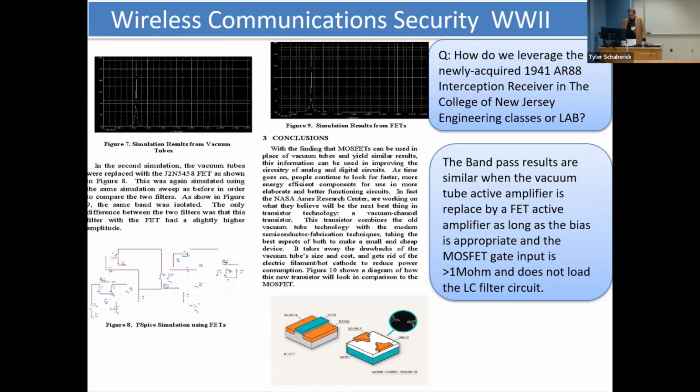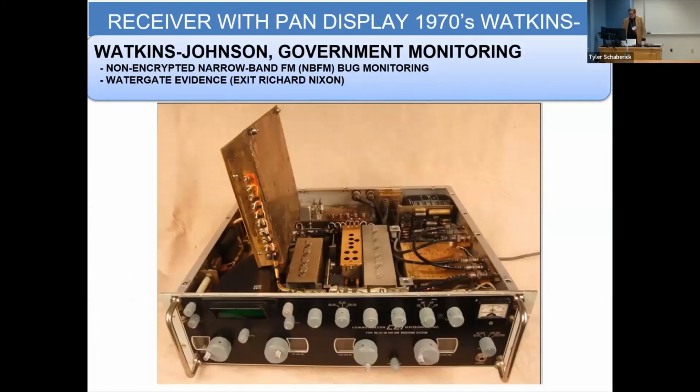All right, let me go now to the 60s and 70s, the Cold War. This is the kind of hardware the government was using to intercept, and this is all non-encrypted. You don't have to go back too far to understand most of this stuff is not encrypted. Pager data, all the pager traffic, first generation cell phone AMPS, no encryption. With a scanner, cell phone, narrowband FM.